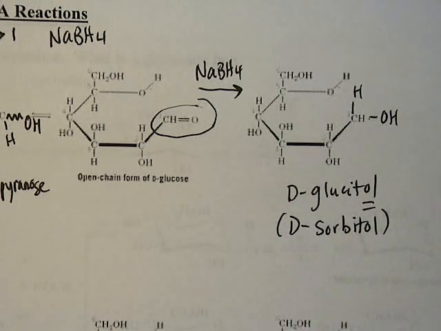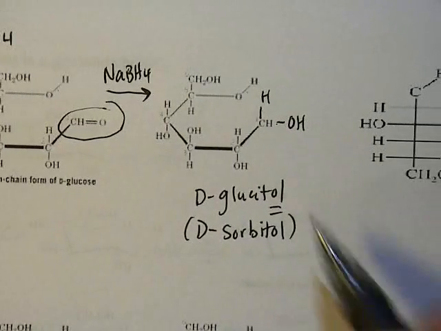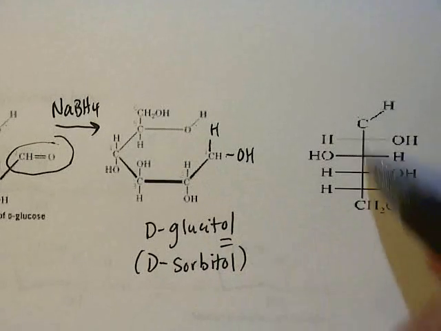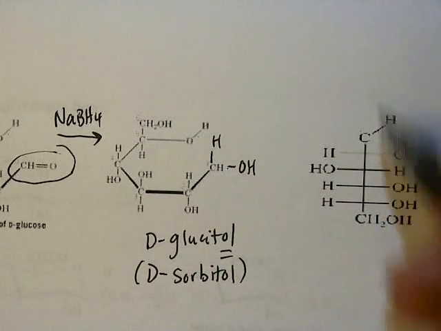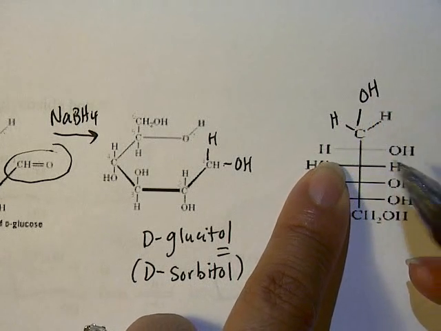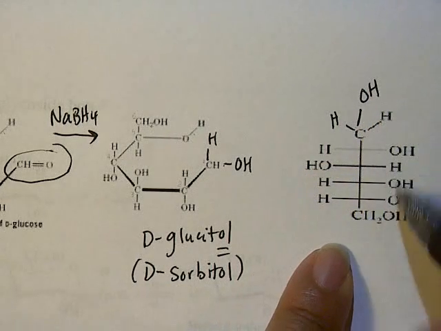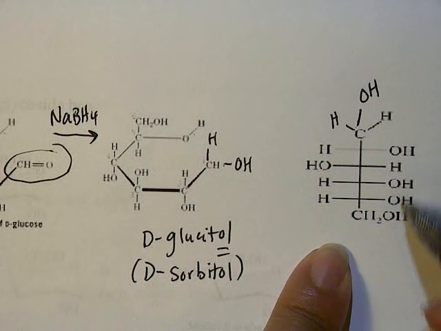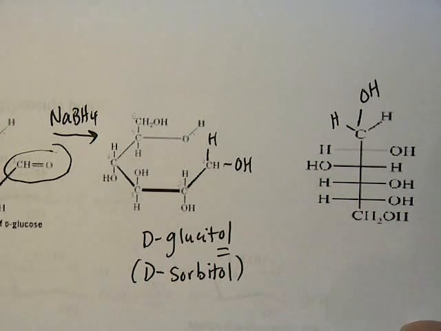And I think you've seen that on packages, all right? So if you draw this in a Fischer projection, you should have an extra H and an OH where the aldehyde used to be, and everything else should be exactly the same as the glucose. All right, so that is a reduction.